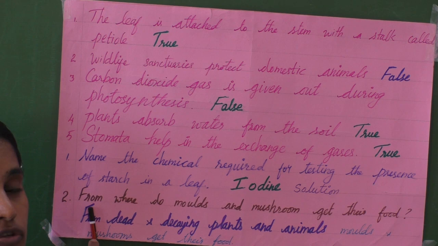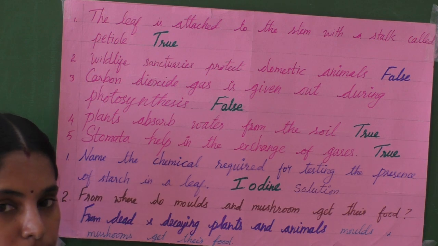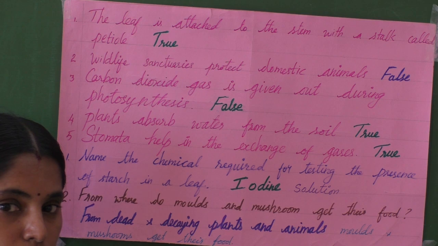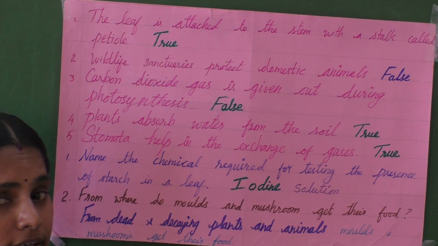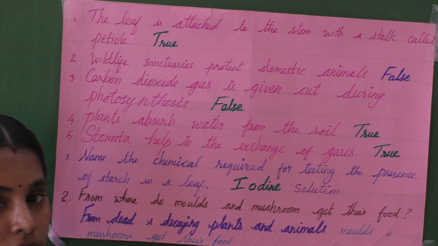Then next question, we know about mushrooms and molds. In bread and all, molds are there. Mushrooms and molds belong to the plant family, but from where do they get their food?